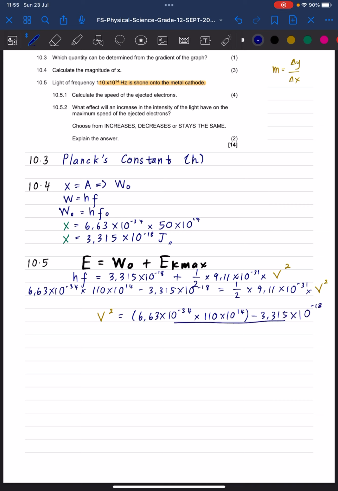And then we put this all over, because you have to divide it by that half, half times 9.11 times 10 to the negative 31. And then obviously we are going to take the square root of both sides. So this is how I would put it in a calculator.